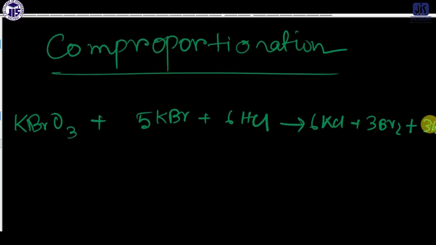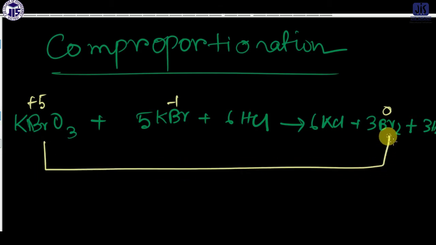Then look here, Br here has the plus 5 oxidation state, but here Br is minus 1 and here Br is 0. So plus 5 to 0 is one case. Another case, minus 1 to 0.